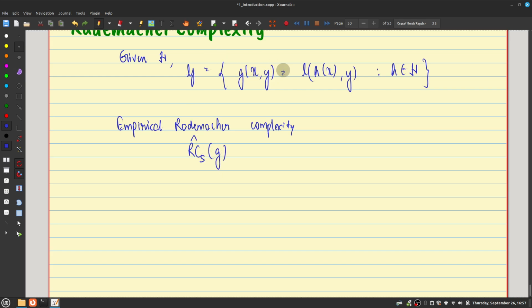So for a given function g, and for a particular training sample S, the empirical Rademacher complexity is just 1 over n summation i equal to 1 to n of g of xi yi, but now this is going to be multiplied with a sigma i, and I'll take an expectation with respect to sigma.